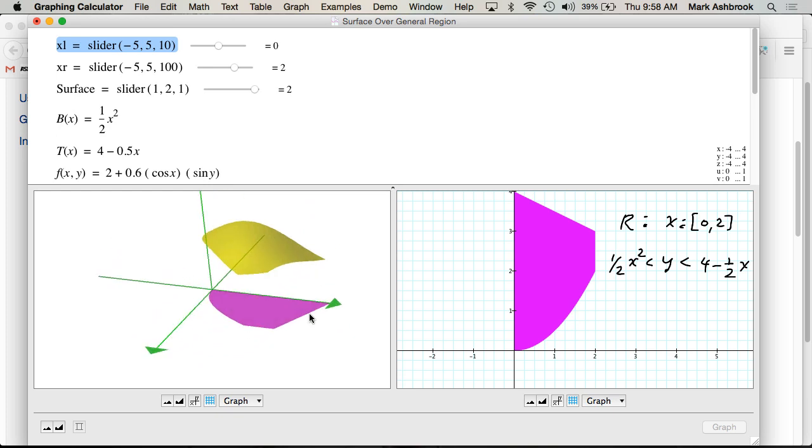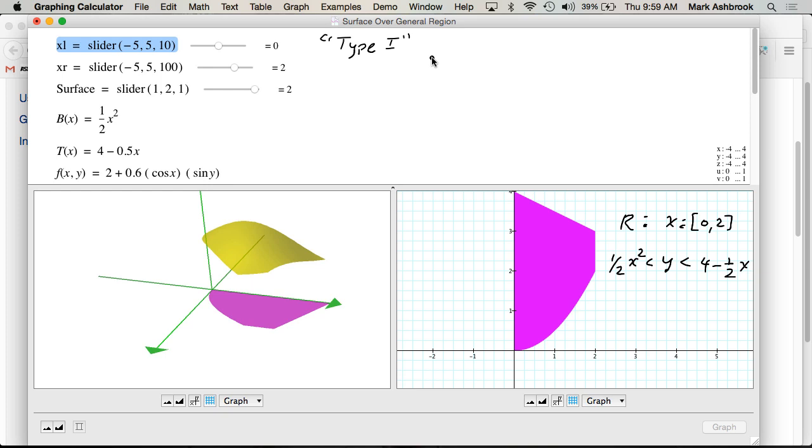Okay, so what will that double integral be? What we're going to do is what's called a type 1. This language is just for us to communicate.